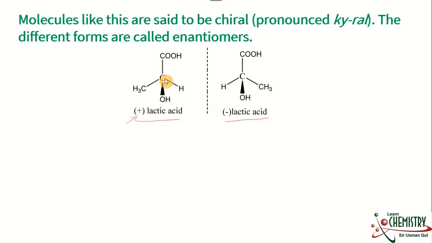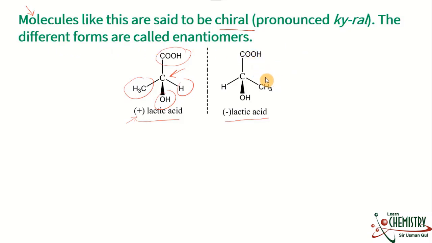Okay, now here we can clearly see the carbon atom is bonded with 4 different groups. Now all these groups are different, so we should have a specific name for this carbon. Now what is this specific name? We call this carbon a chiral carbon. So molecules like this are said to be chiral. The different forms are called enantiomers.